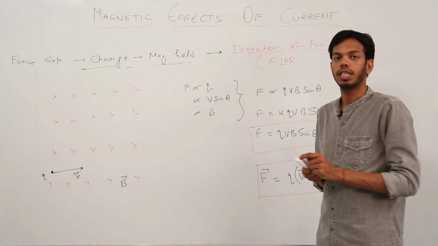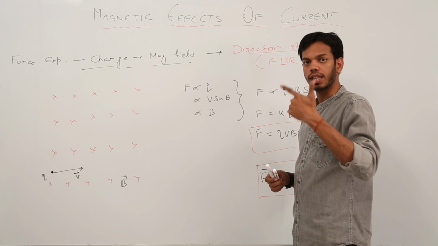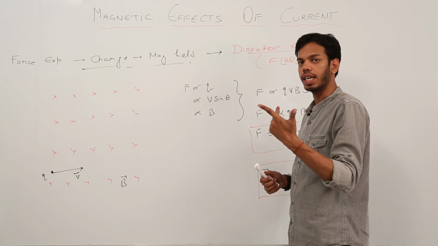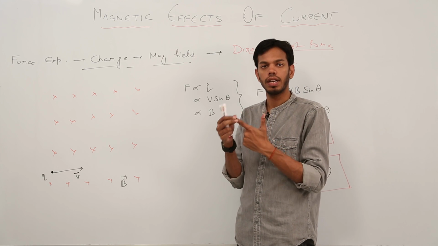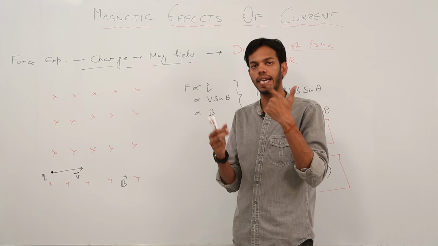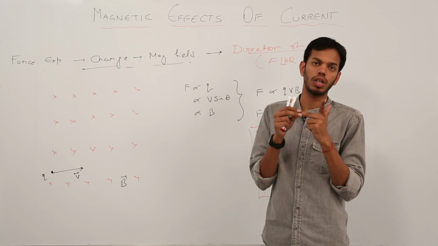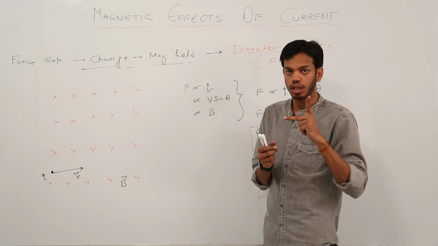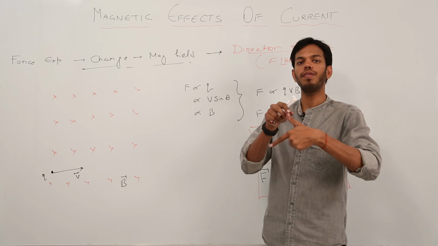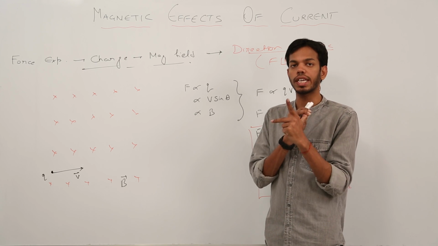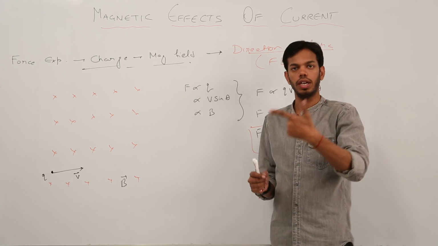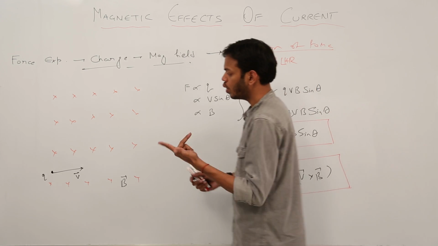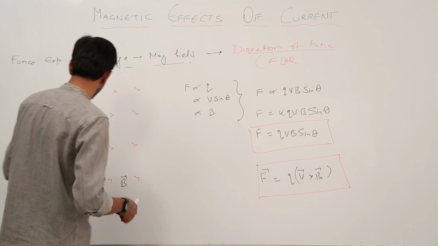If you stretch the first finger, the thumb and the middle finger of your left hand such that the first finger points towards the magnetic field direction and the middle finger points towards the direction of flow of charge or the direction of flow of current, then the thumb will give you the direction of force experienced by the charge, that is Force, Field, Current, like this.